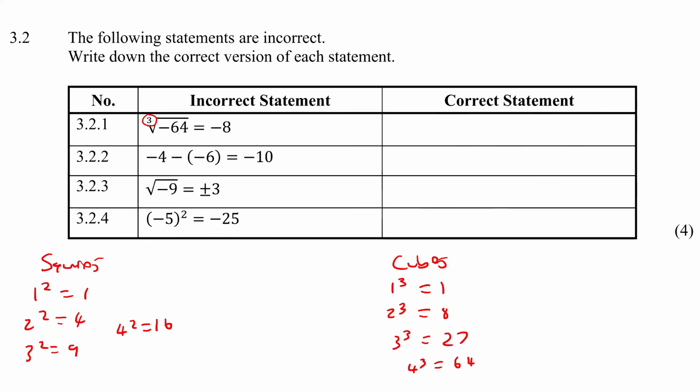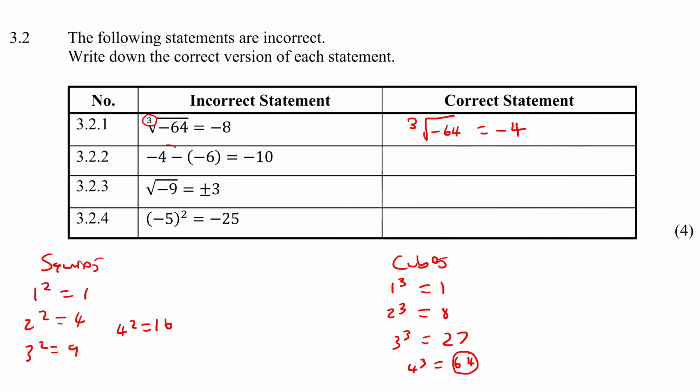So can you see that the cube root of -64 would give us -4 as an answer? So the cube root of -64 is going to give us -4, not -8.